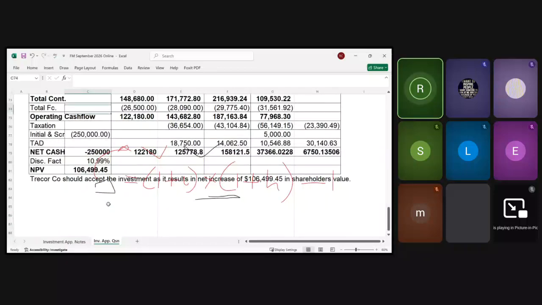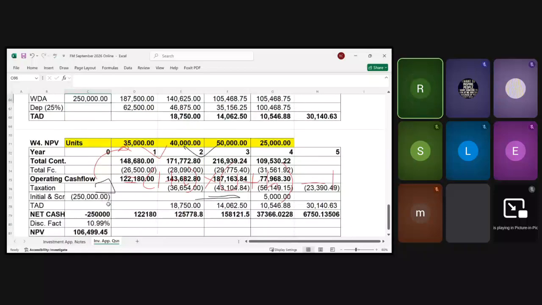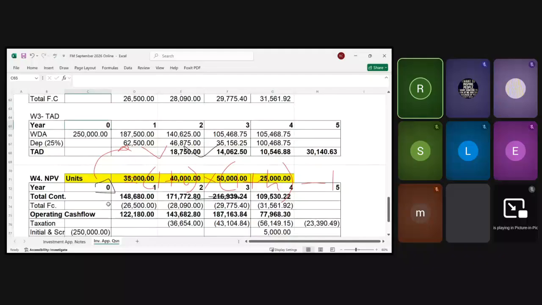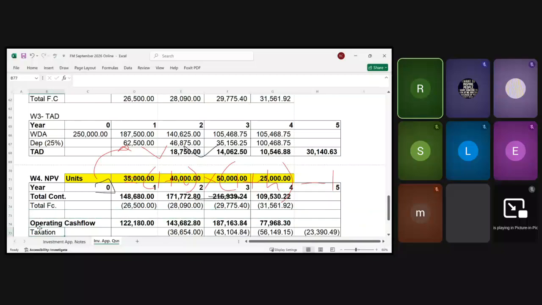Now what I wanted to state here: instead of operating cash flows, I can just have taxable profits. I want you to take note of this taxable profit here. So what is it that I need to do? I need to input my depreciation.